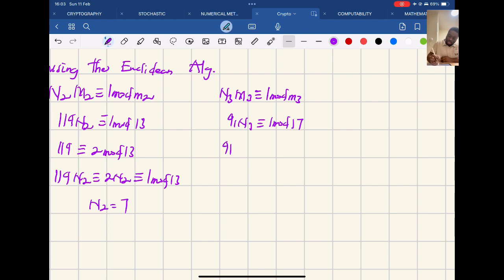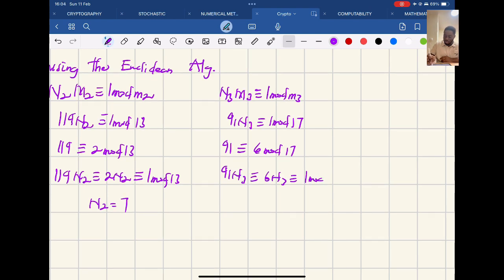So we write 91 in terms of mod 17, and that is 6 mod 17. So 91 n3 is congruent to 6 n3, which is also congruent to 1 mod 17. Doing the same thing, we get n3 to be equal to 3.